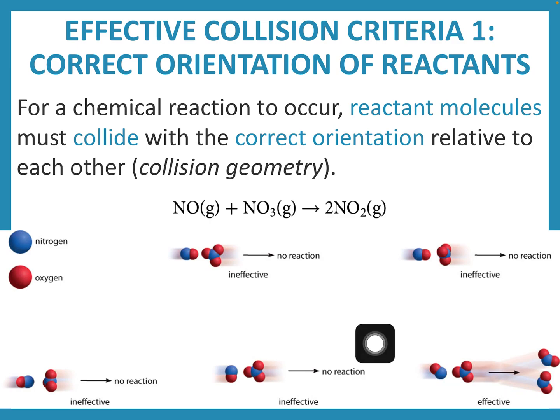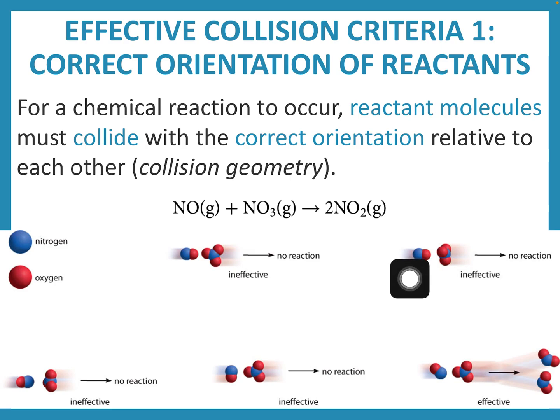So what I need to happen then is for the nitrogen monoxide to be in relation to one of the oxygens from nitrogen trioxide. The nitrogen from the nitrogen monoxide needs to be colliding with one of the oxygens because that is where the bond is going to form. And we need the correct angle as well. So in this case, we have the nitrogen and an oxygen colliding.